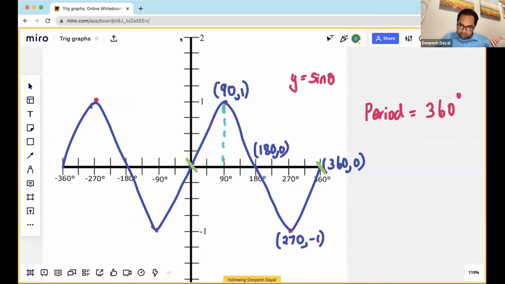So the amplitude of this graph is 1. So the period is the degrees to complete one full graph, and the amplitude of this graph is 1. Excellent. Thank you so much, everybody.